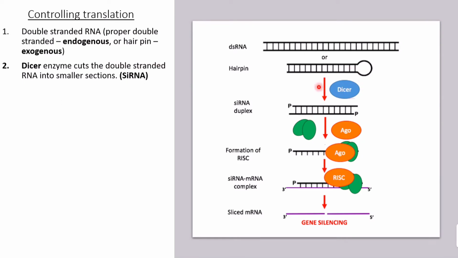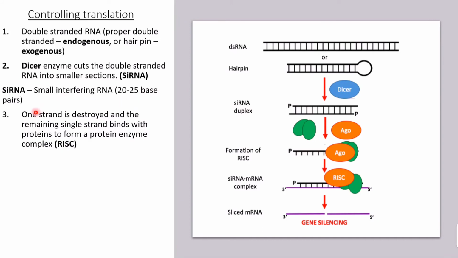So our dicer enzyme comes to either our endogenous double-stranded RNA or our exogenous hairpin, and this dicer enzyme cuts our double-stranded RNA into smaller sections called siRNA. And siRNA stands for small interfering RNA. And these are 20 to 25 base pairs, so these are very small.